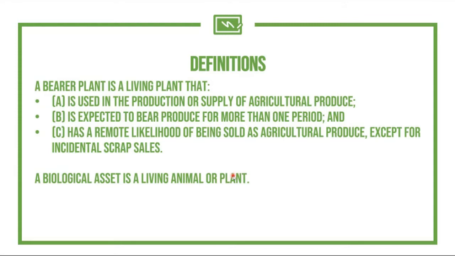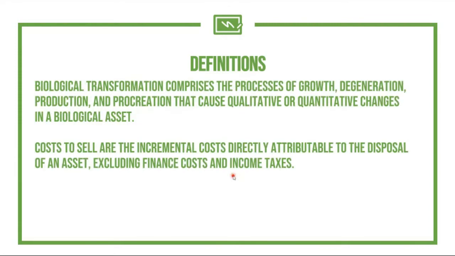And if the biological asset is being managed by an entity, then it is considered to be under the scope of agriculture in IAS 41. Next, what do we mean by biological transformation?